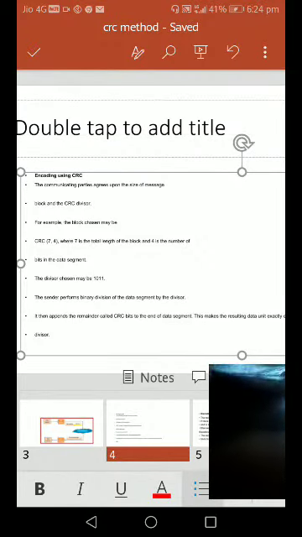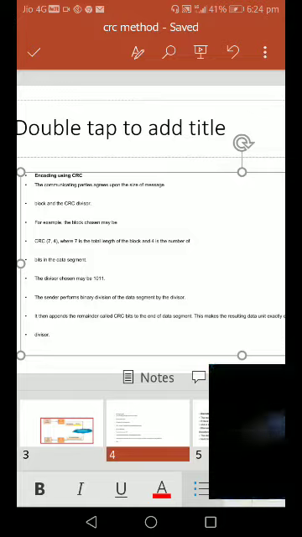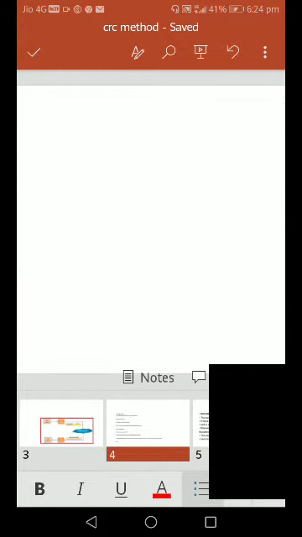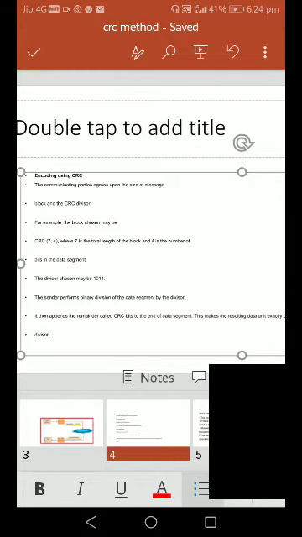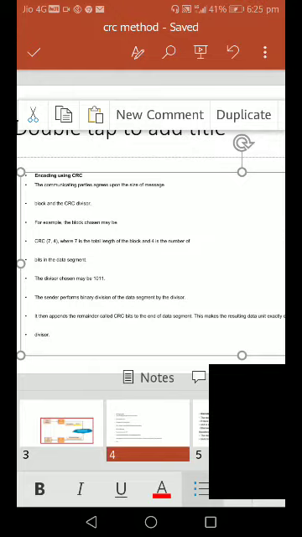The sender performs binary division of the data segment by the divisor, and then appends the remainder.